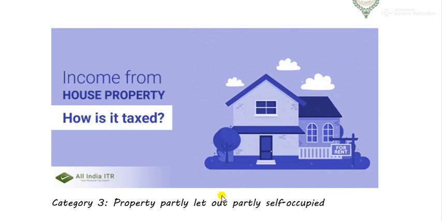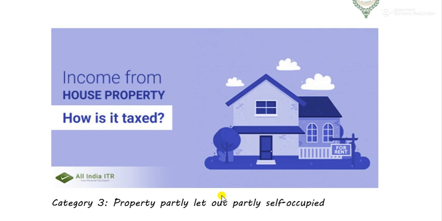Now there may be two cases of partly letting out and partly self-occupied. First, the normal case, that the person is staying in his house and letting out the same house. For example, he stays in the house for say 3 months and lets it out for say 9 months.